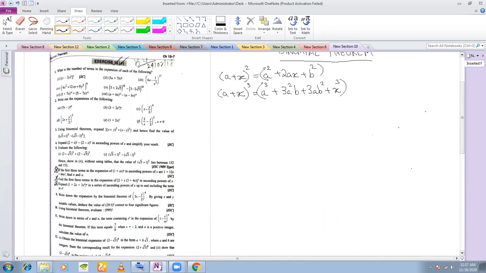Let us see the first problem here. Expand, this is number 4 that I'm doing here. Expand (2 plus x) to the power of 5 minus (2 minus x) to the power of 5 in ascending powers, and simplify your result. The question is basically simplify this.